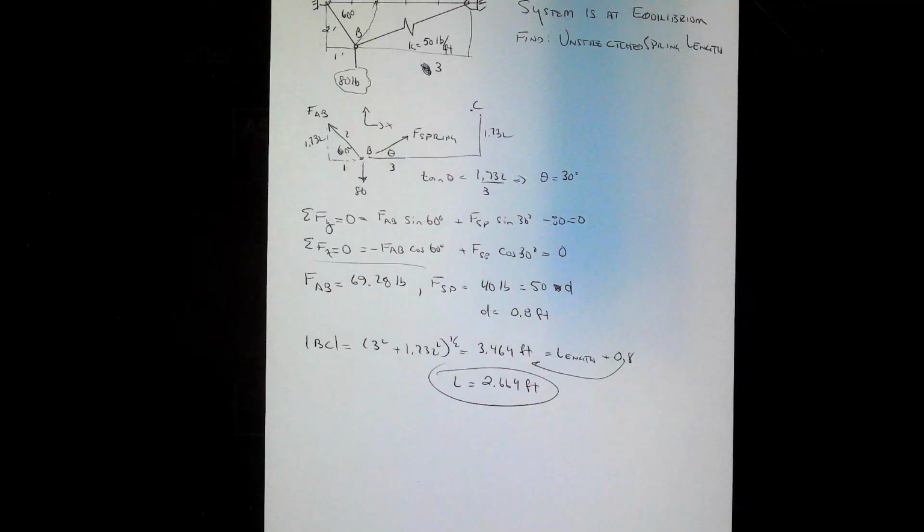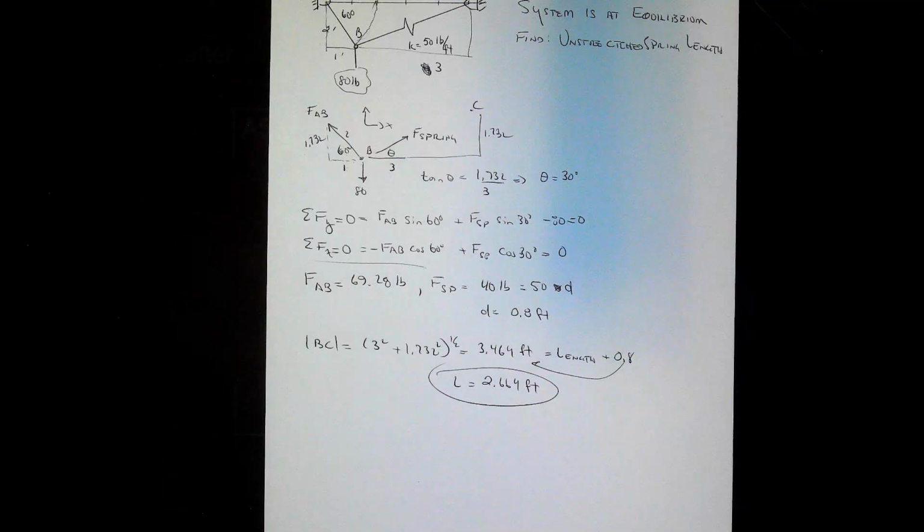Now the spring connects B to this pin over there. The spring constant is 50 pounds per foot. And hanging at B, the reason why it was motivated to come down, is 80 pounds.